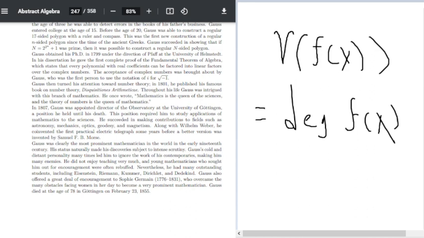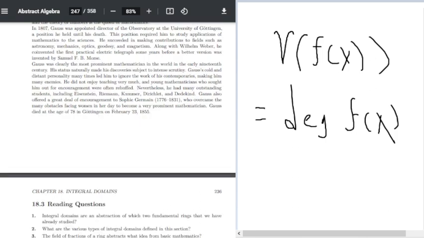Gauss was clearly the most prominent mathematician in the world in the early 19th century. His status naturally made his discoveries subject to intense scrutiny. Gauss's cold and distant personality many times led him to ignore the work of his contemporaries, making him many enemies. He did not enjoy teaching very much, and young mathematicians who sought him out for encouragement were often rebuffed.